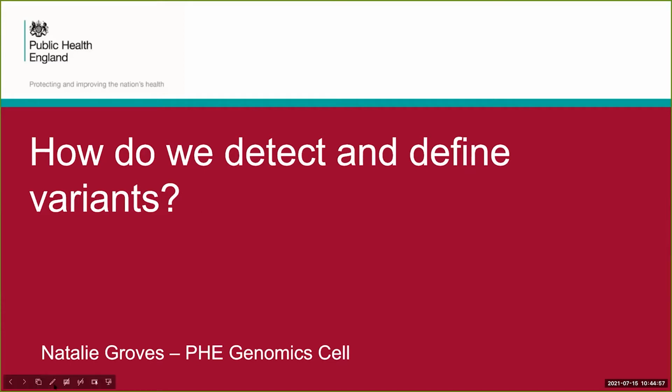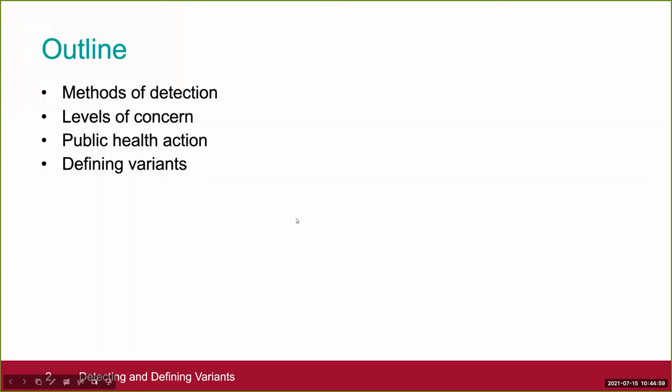So I'm going to go through the methods of detection that we use, the levels of concern, the associated public health action that we have at PHE, and then a little bit about how we would go about specifically defining the variants. Hopefully the stuff you've heard this morning leads nicely into this.